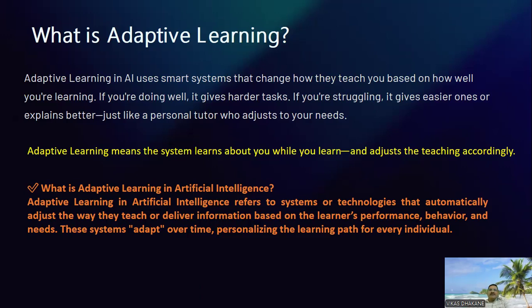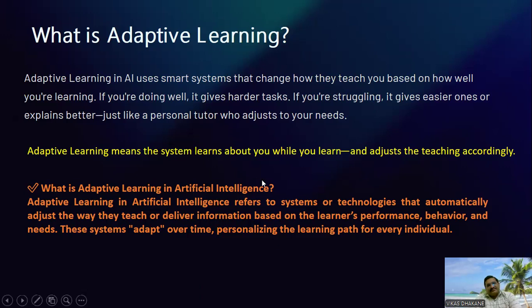If you are struggling to understand, if you are struggling to respond, then this smart system gives you easier tasks, or will try to explain in a better, more understandable way, so that the learner or the student can easily understand and adjust to the need of performance.